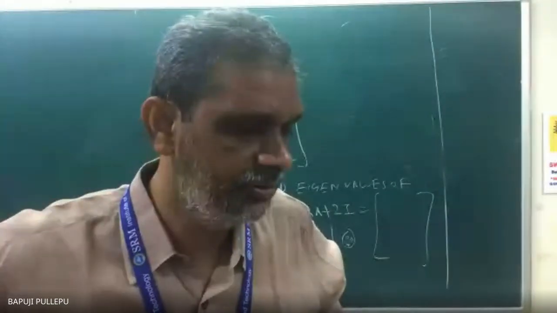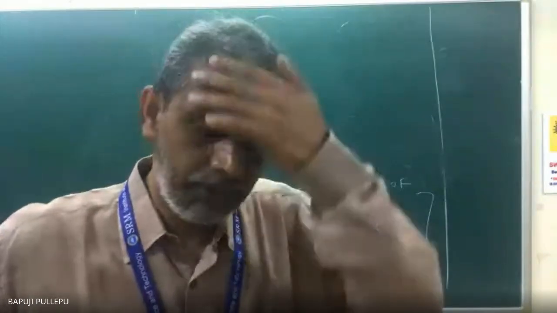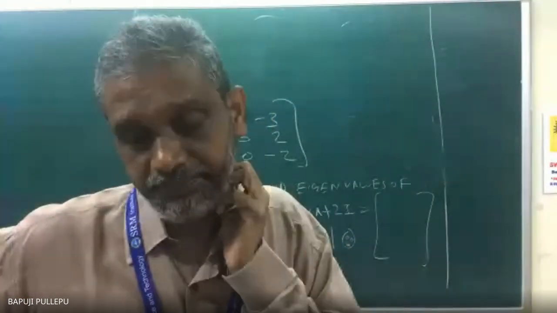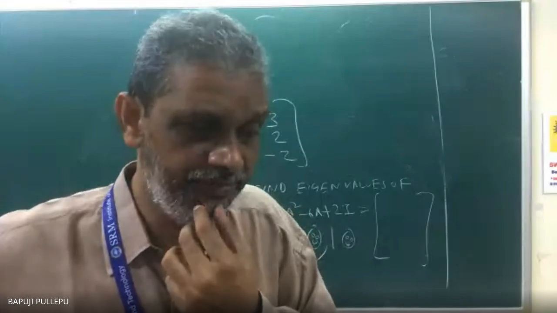Sir, 19 present, sir. 25 absent. 26. Present, sir. 27. Present, sir. 28 absent. 29. Present, sir. 30. Present, sir. 31. Present, sir. 32. Present, sir. 33 absent. 34. Present, sir. 35. Present, sir. 36.